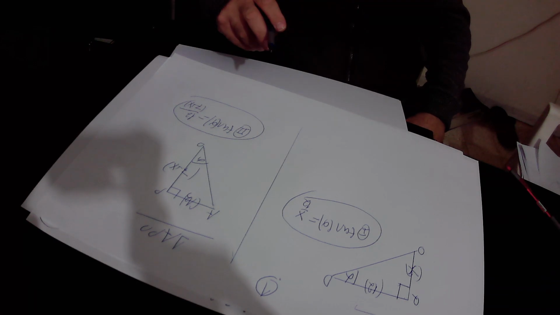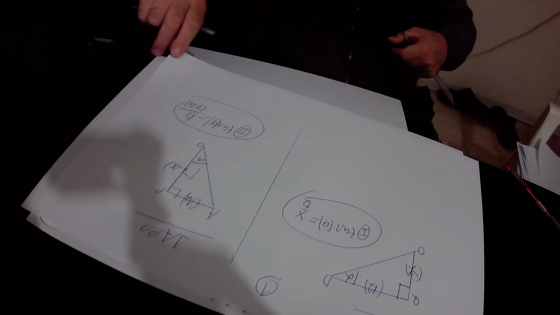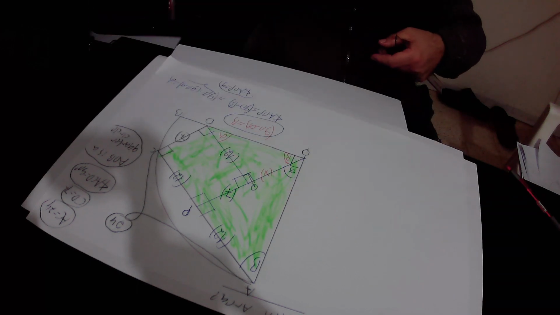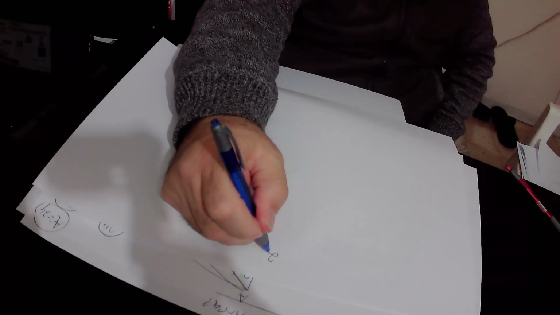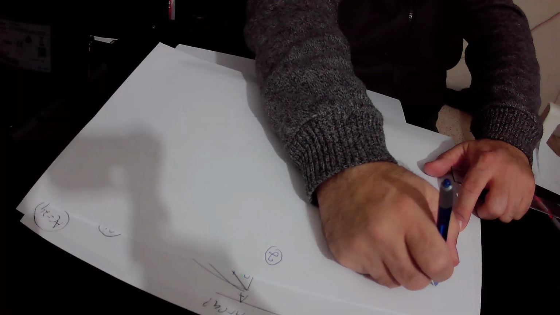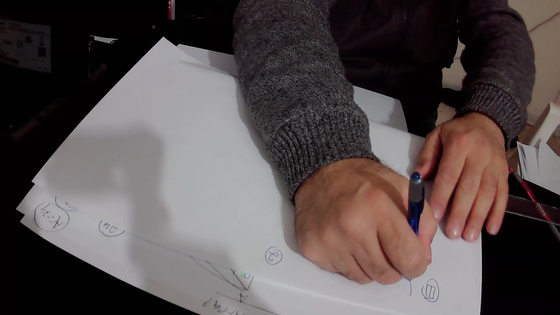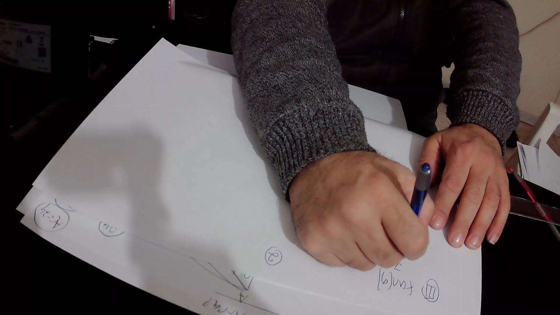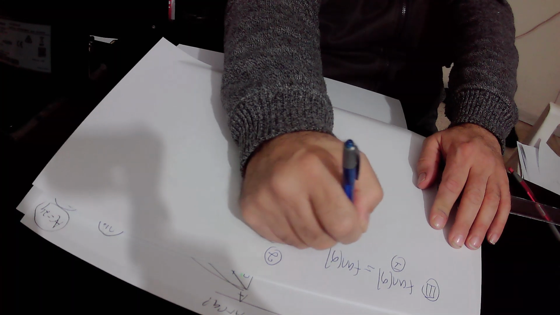So we have two different expressions for tangent alpha. In the next step, we will create equation number 3 that states that tangent alpha according to equation number 1 must be equal to tangent alpha according to equation number 2.